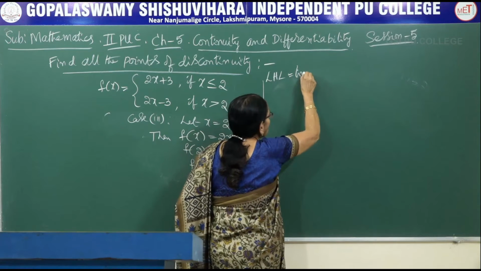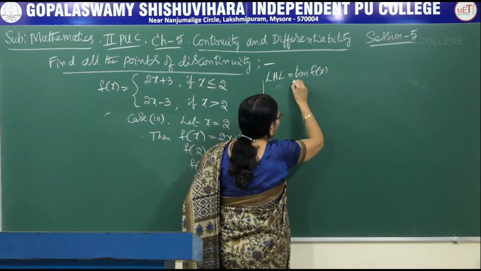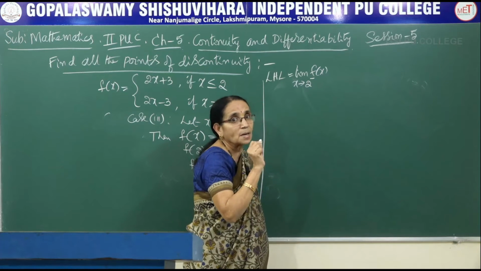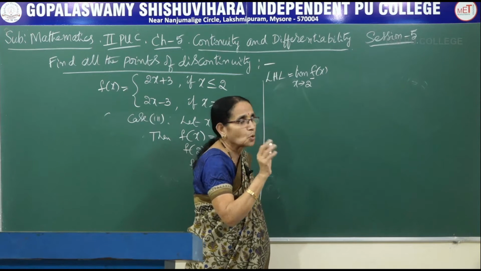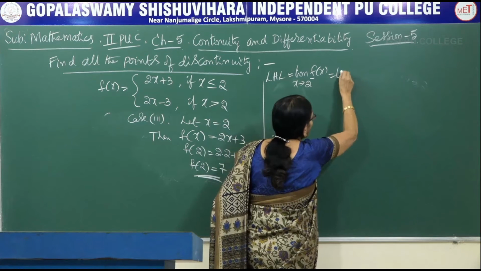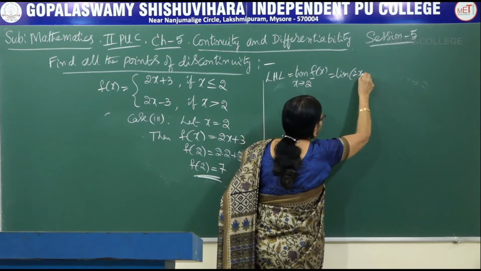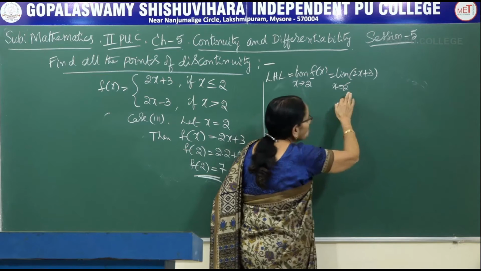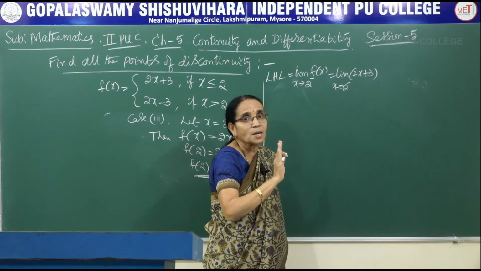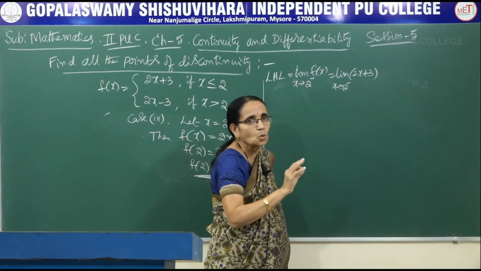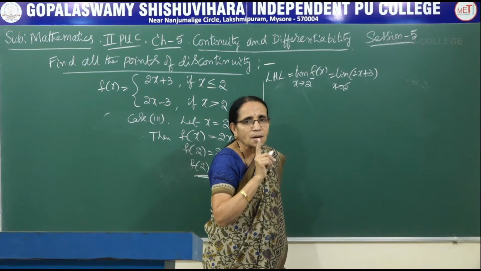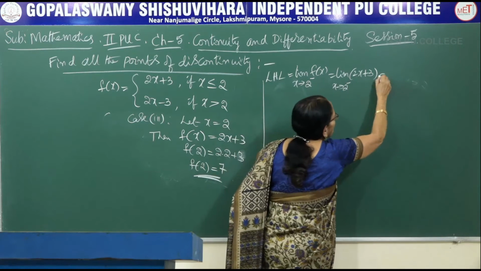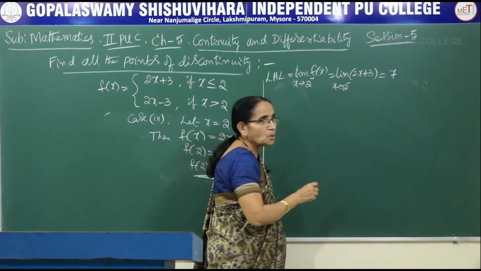Limit of f of x as x tends to 2 minus equals limit of 2x plus 3 as x tends to 2 minus. Don't give minus 2 here; we are giving the value 2 only. That minus sign shows that we are calculating the left hand limit. So, 2 2s are 4 plus 3, that would be equal to 7.